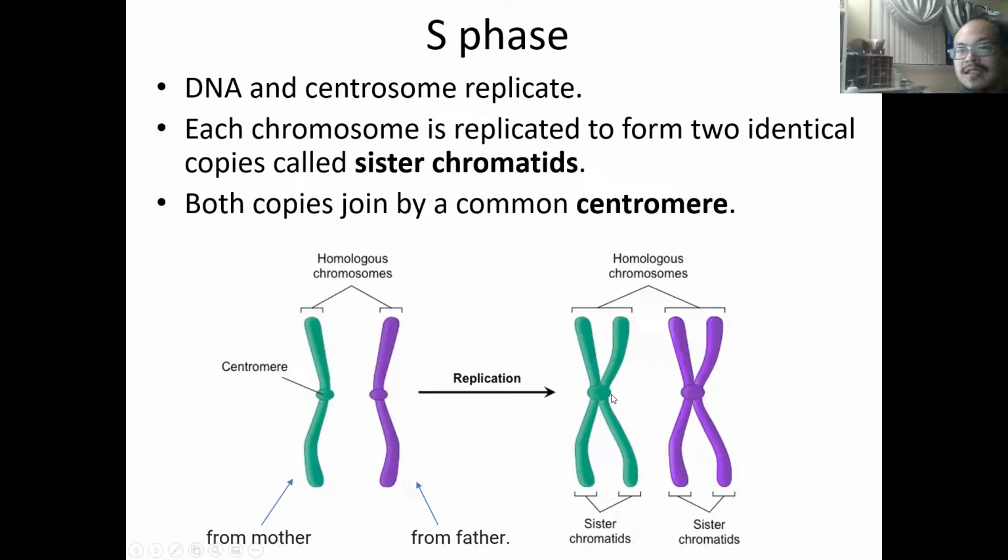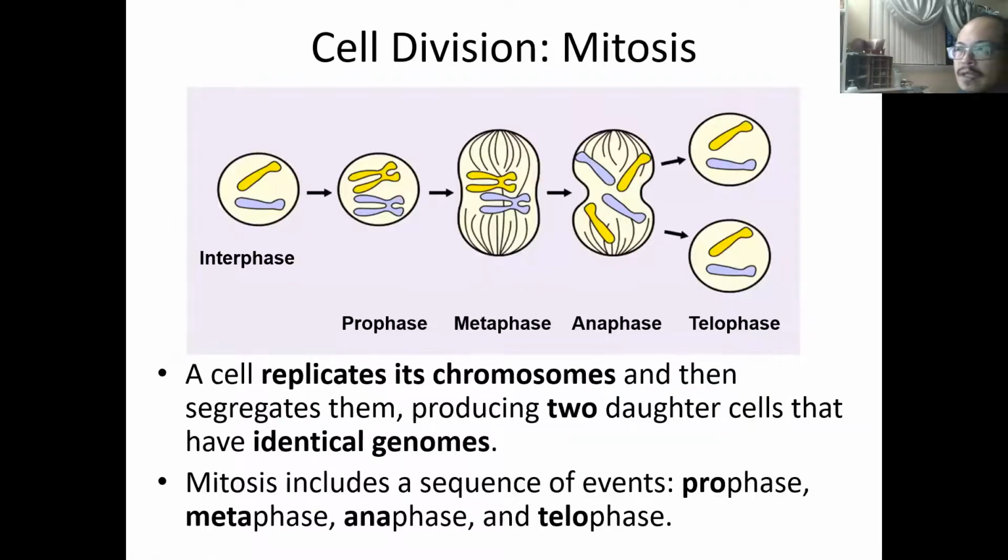The reason is that you make this replication, you want to organize it, right? And so you tighten it. These two will be tightened together. Then it will go into the G2, then it goes into the cell division. Cell division has two types.